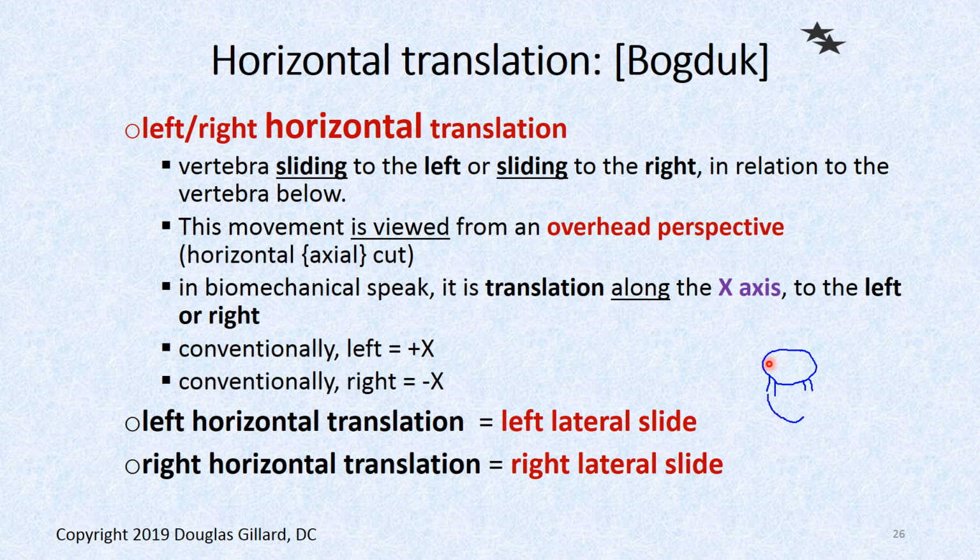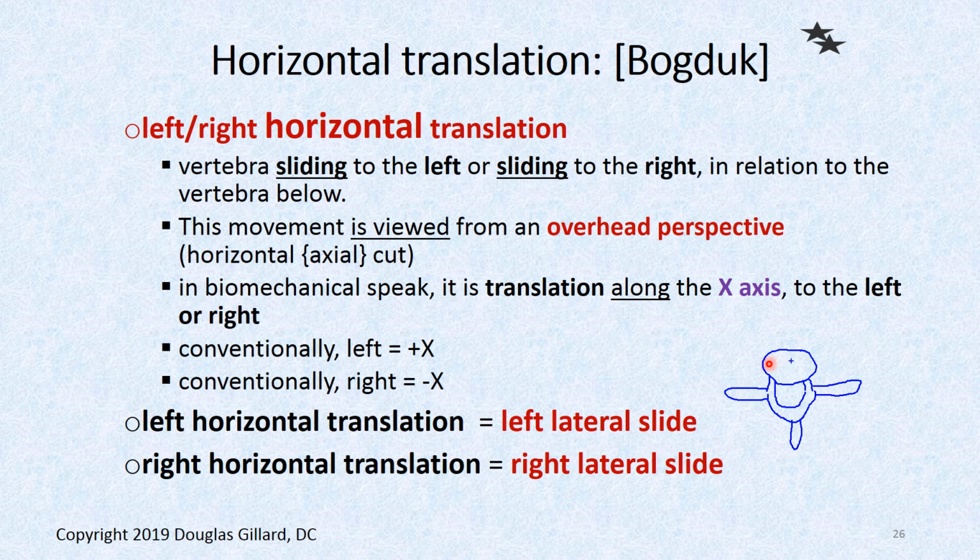Here's the vertebral arch. And I'm trying to draw with my finger too. It's not like I have a pencil here. See, I'm trying to make excuses. Alright, there's a vertebra, but we're looking down on top of it. So horizontal, we're looking down at it. Now translation.